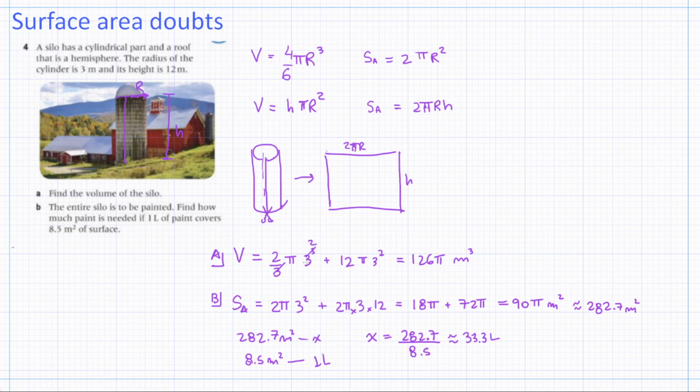However, if we were to assume that we can only buy cans of 1 liter, we would need 34 liters. If this is a problem that's only considering integer numbers, like how many cans of paint would you have to buy, your answer would have to be 34.